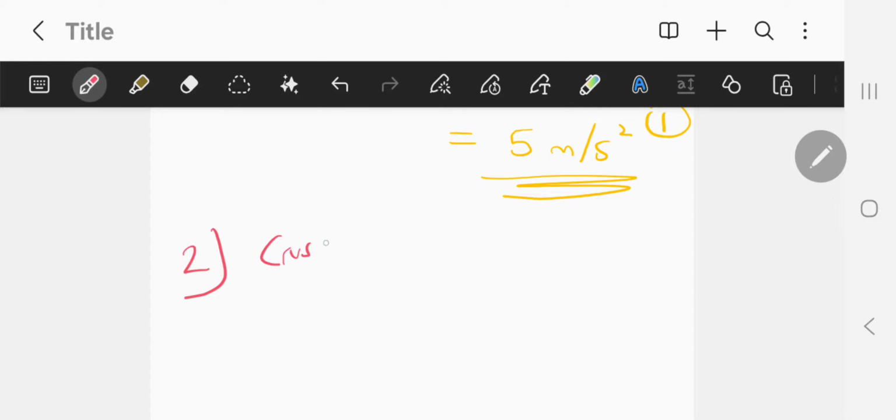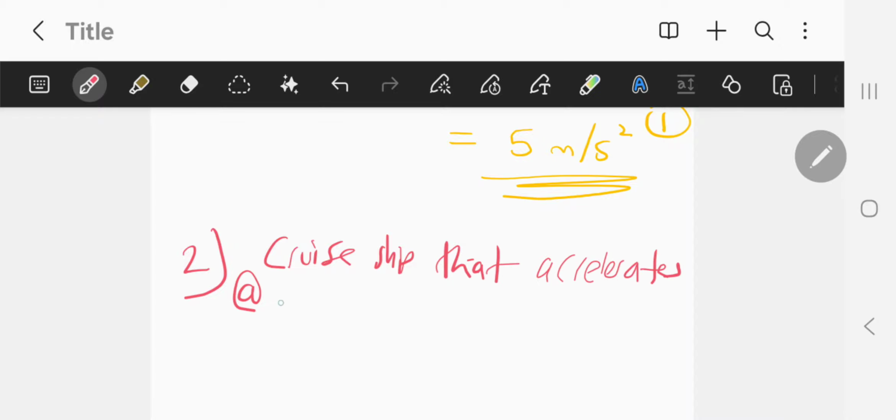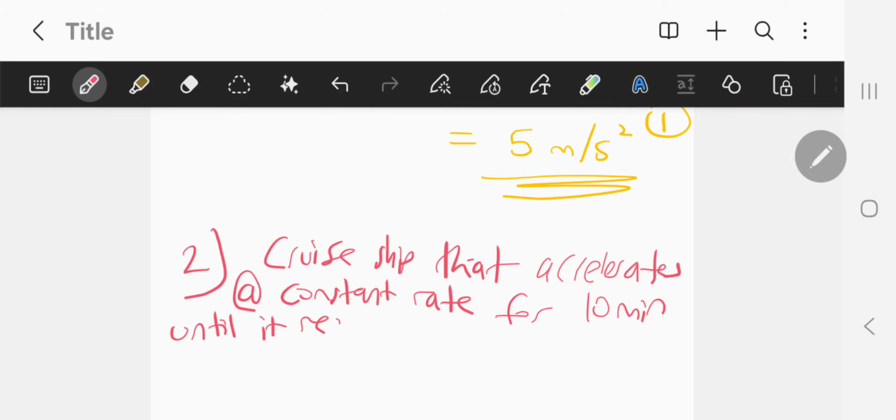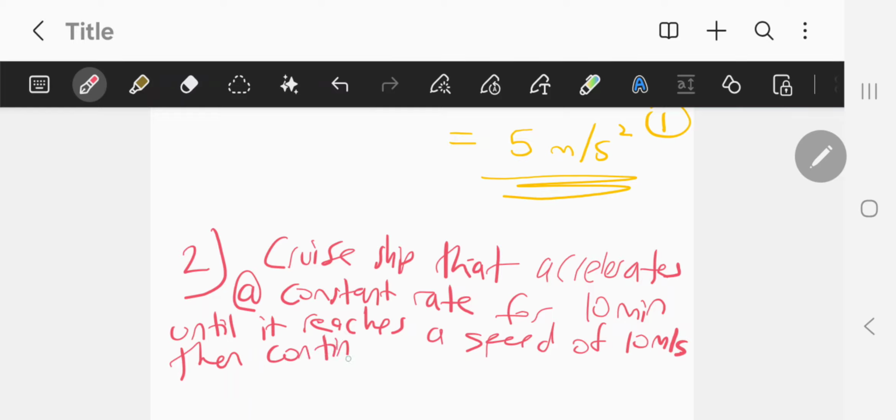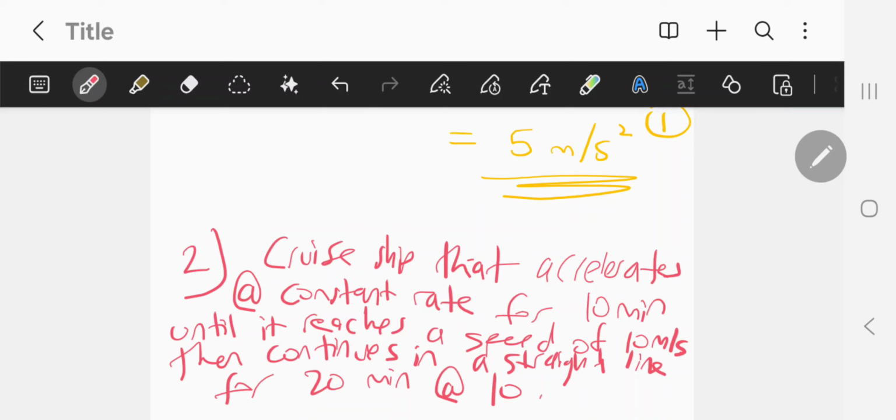Suppose there's a cruise ship that accelerates at a constant rate for 10 minutes until it reaches a speed of 10 meters per second. And it then continues in a straight line for 20 minutes at 10 meters per second.